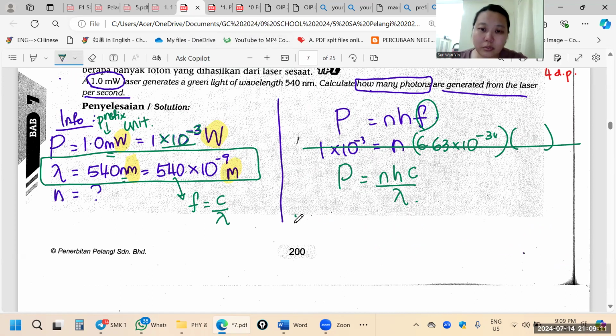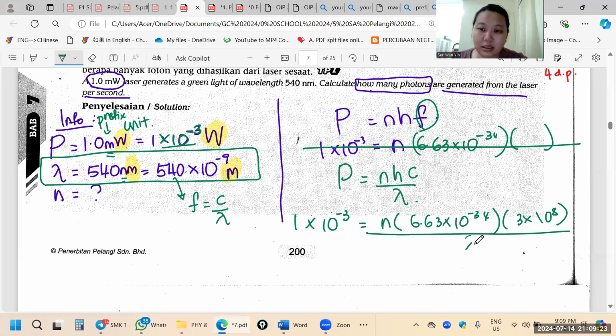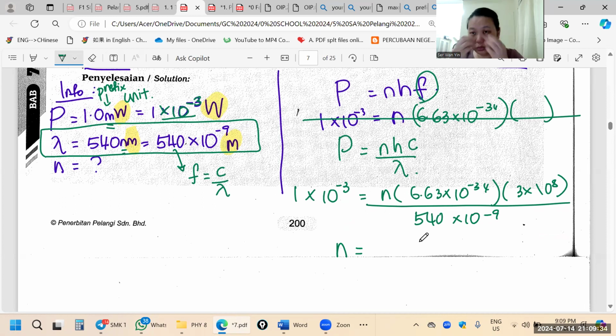Okay, so we have 1 times 10 to the power of negative 3 equals N times 6.63 times 10 to the power of negative 34 times 3 times 10 to the power of 8 divided by lambda. Lambda is 540 times 10 to the power of negative 9. So N equals... You can show your moving or just do it in your calculator.